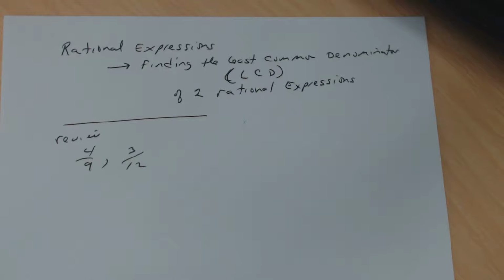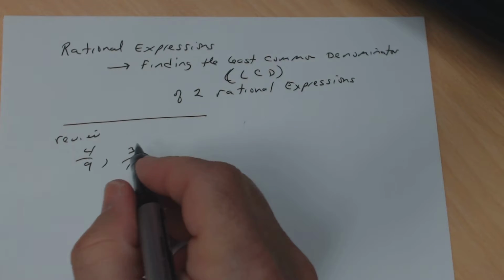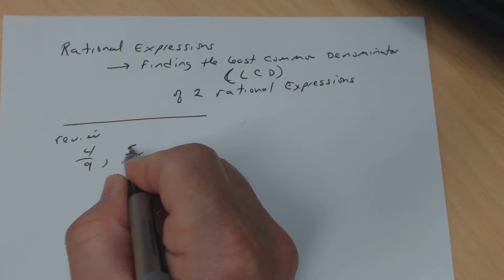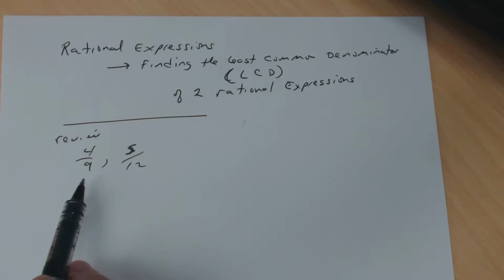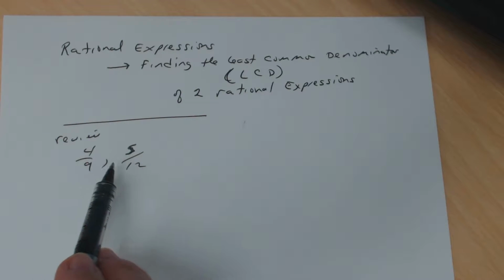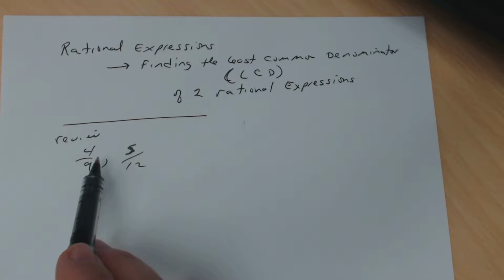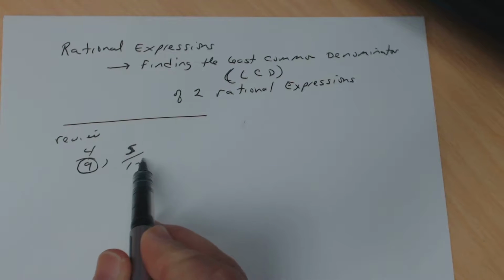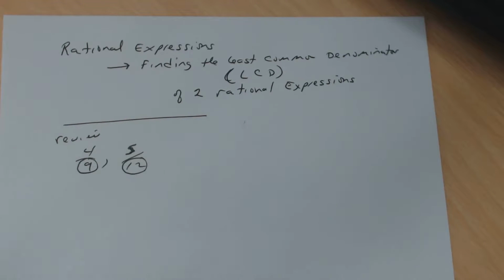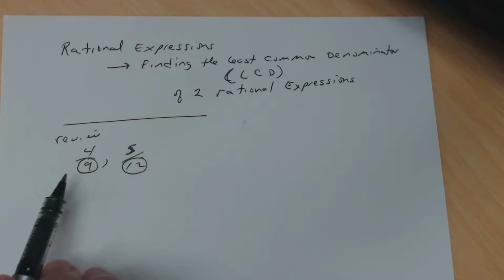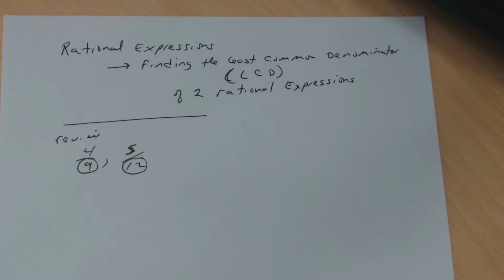So when you add or subtract, and I guess I'm going to go ahead and make this 5/12, when you add or subtract two fractions, you need to make sure that the denominators are the same. You want to make sure they're the same before you can add or subtract two fractions.